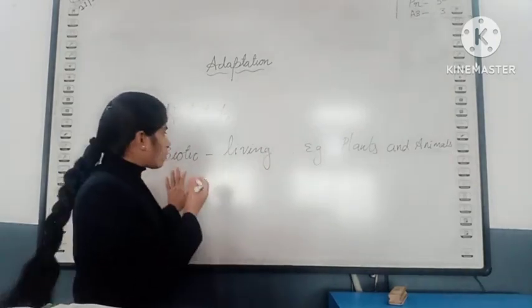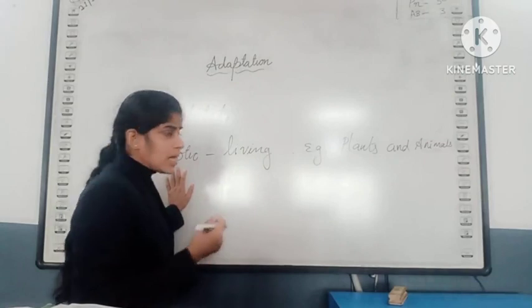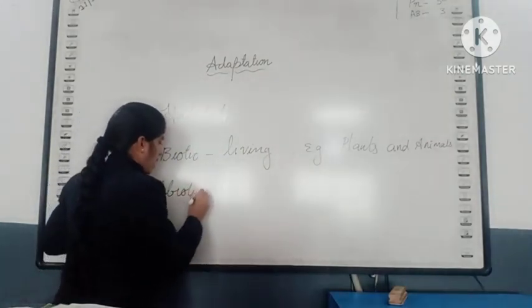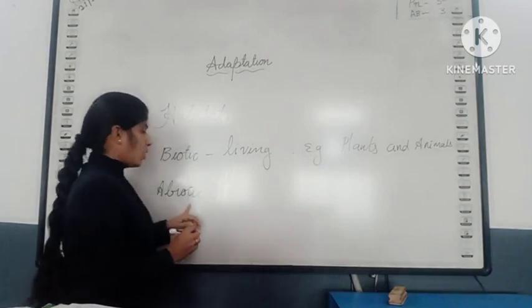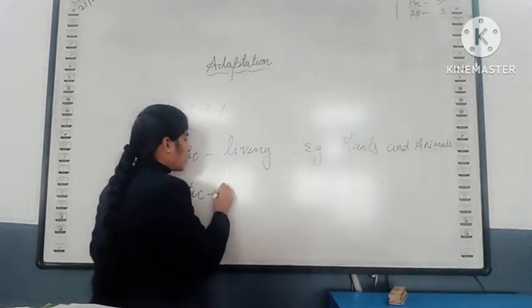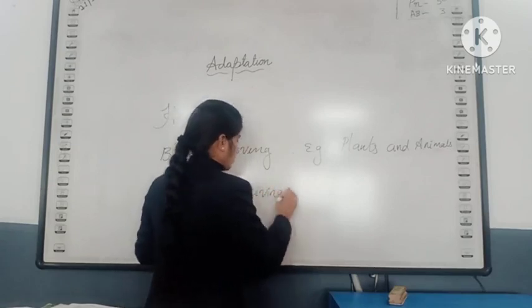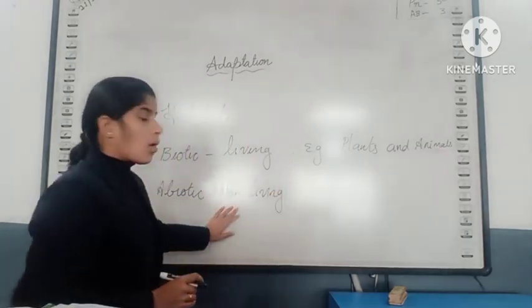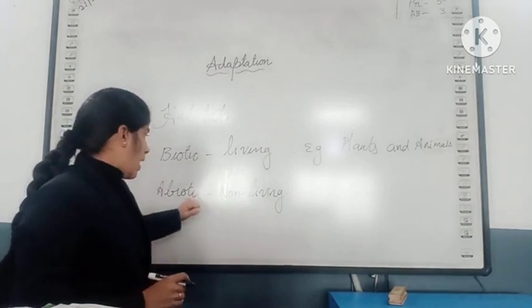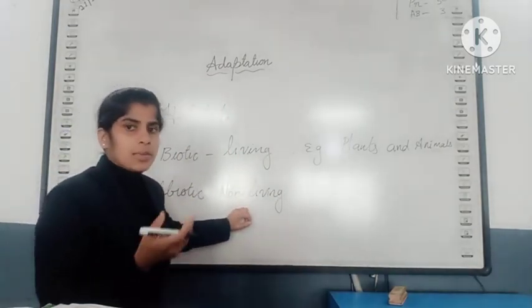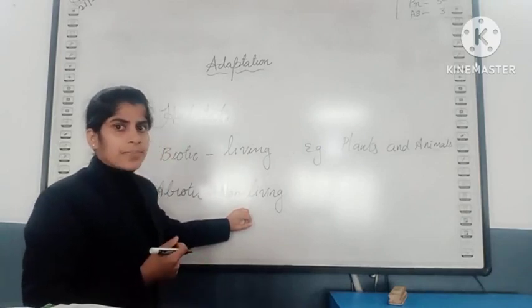And what are abiotic factors? Just the opposite of biotic factors. Abiotic factors are the non-living things. Can you give me some examples of non-living things?